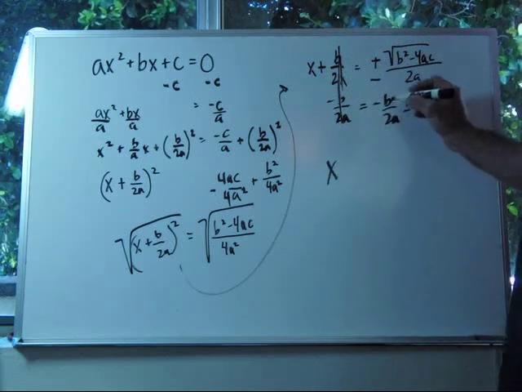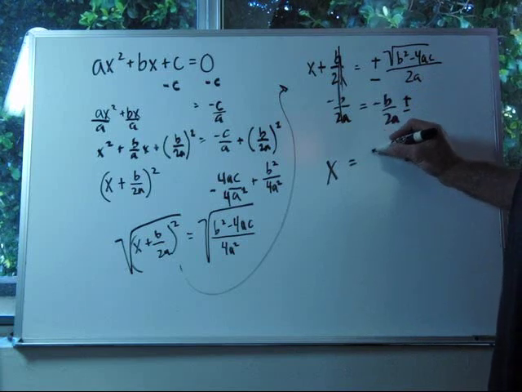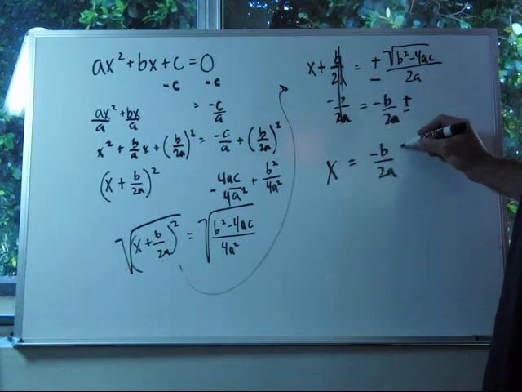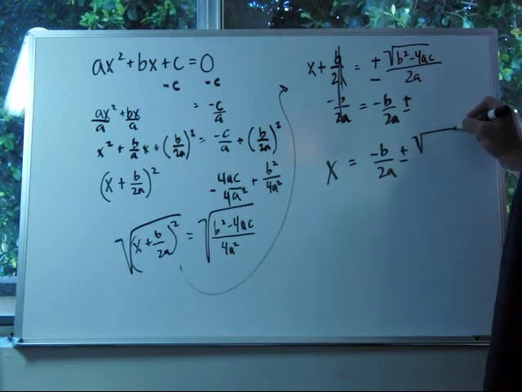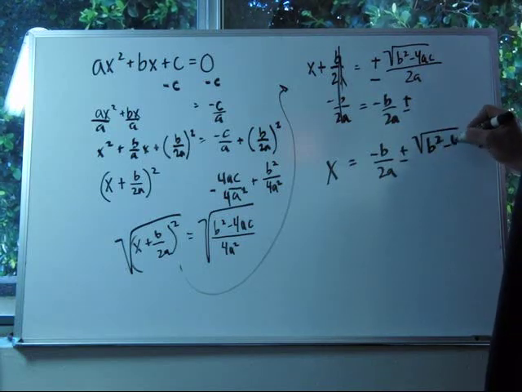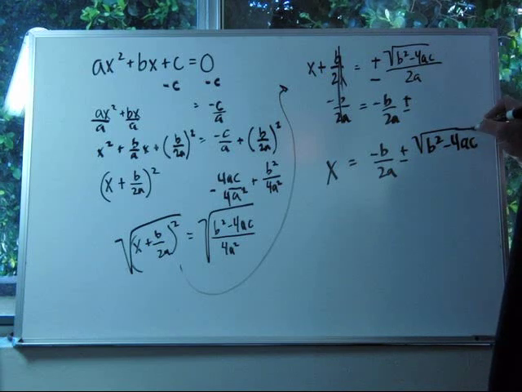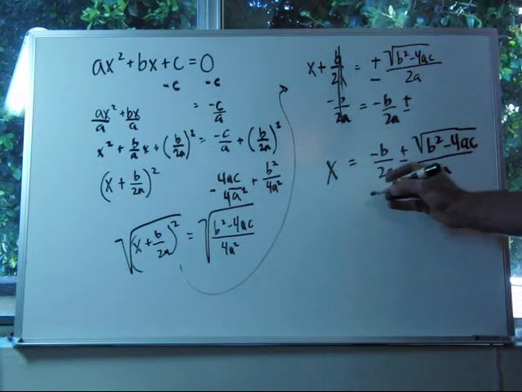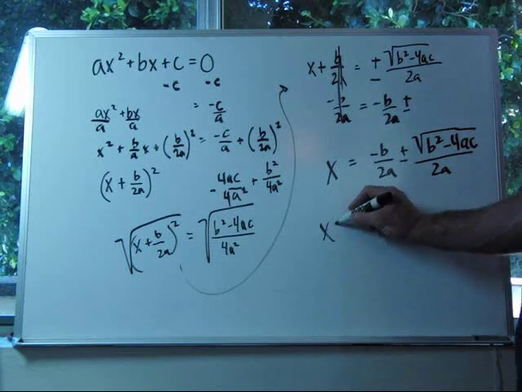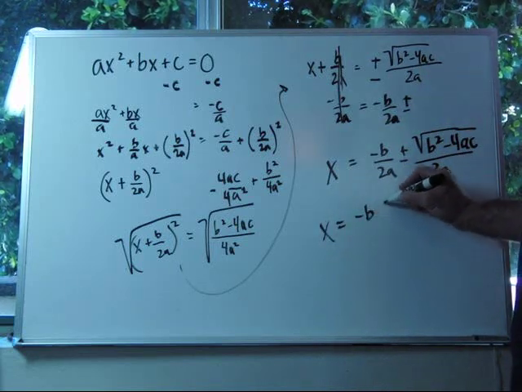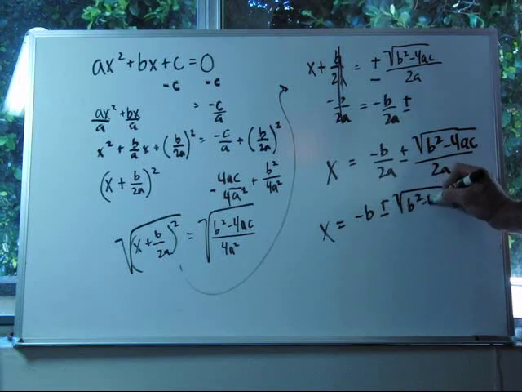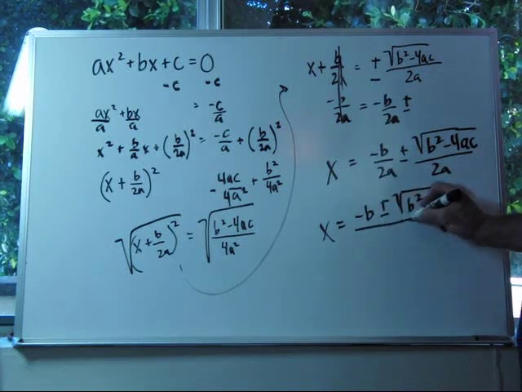And on the right side, negative b over 2a, because we subtracted b over 2a on both sides, plus or minus the square root of b squared minus 4ac all over 2a. We have a common denominator here, so we can join those things. So we get x equals negative b plus or minus the square root of b squared minus 4ac all over 2a.